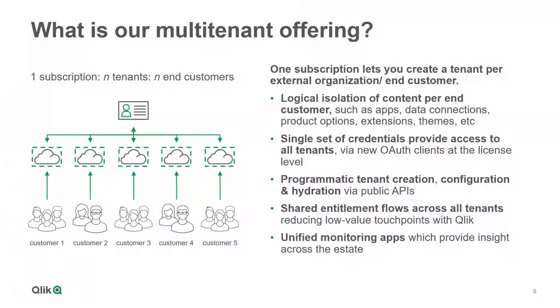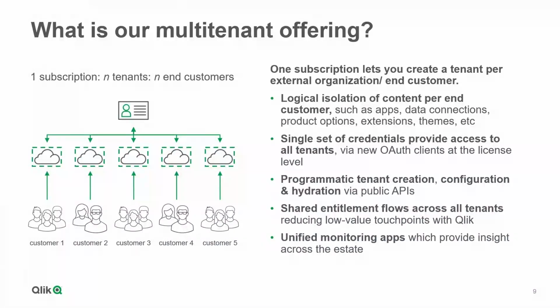It gives you a single set of credentials, so new OAuth clients, that give you access across all those tenants. So it simplifies the access and management of those tenants. It gives you programmatic tenant creation, configuration, and hydration via our public APIs.